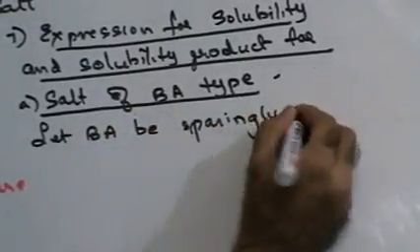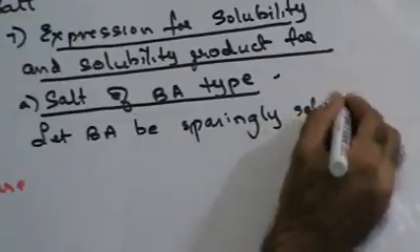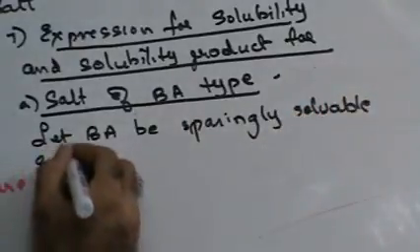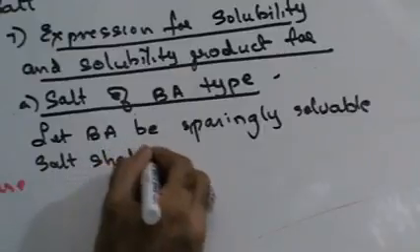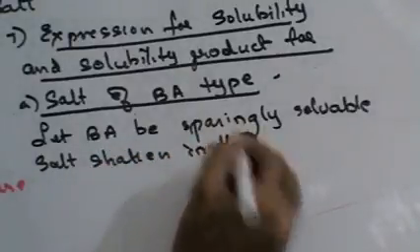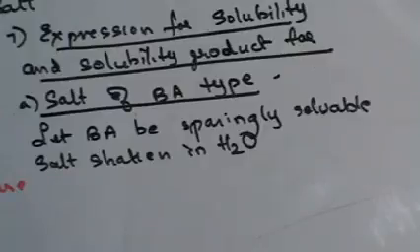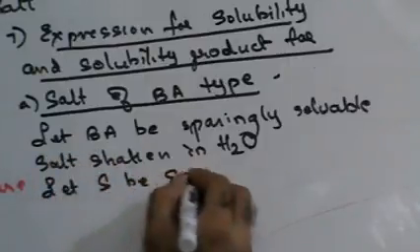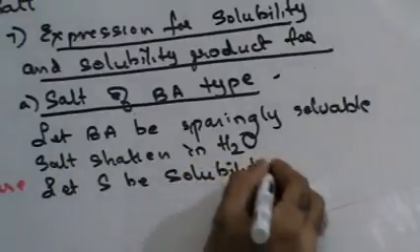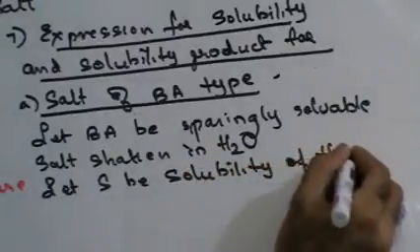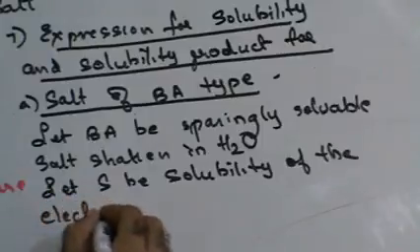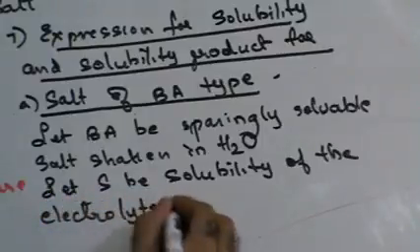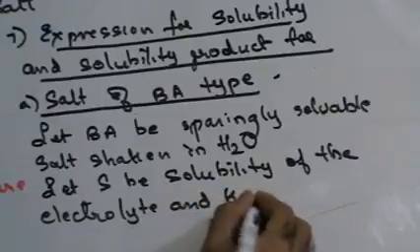If it is a salt shaken in water, let us assume that S is the solubility of the electrolyte and Ksp is the solubility product.